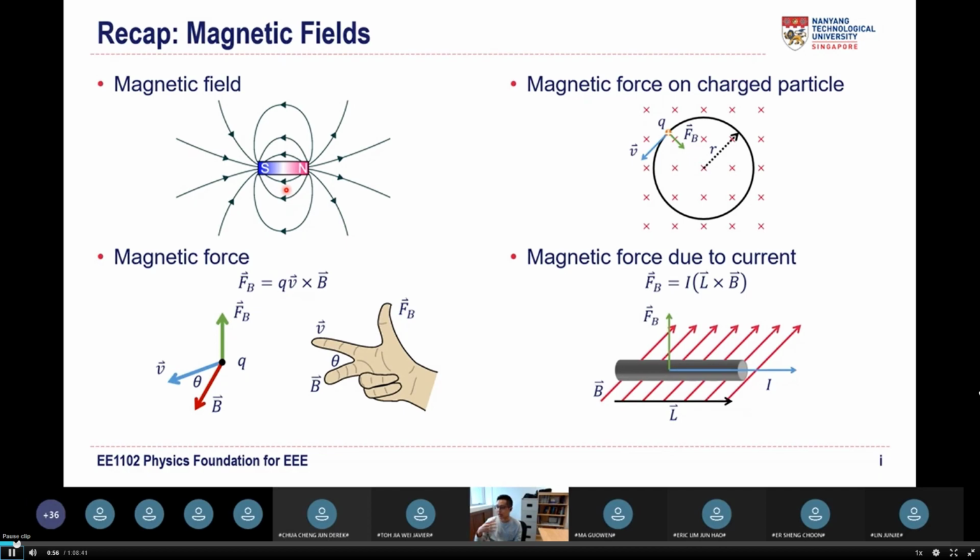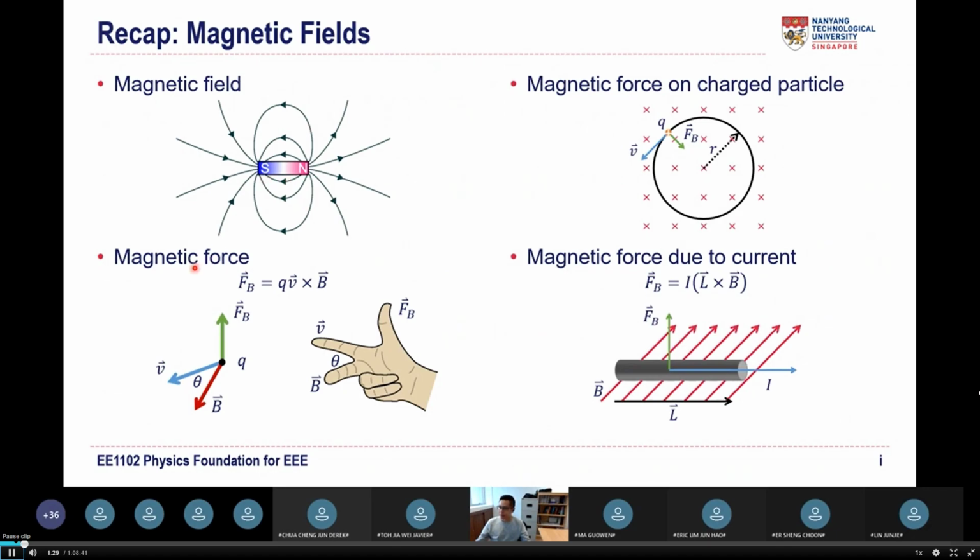So the magnetic field and magnetic field lines are similar to how electric field and electric field lines are used for showing the effect of having positive and negative charges in space. The magnetic field is for having magnets in space and how that affects the surrounding space.